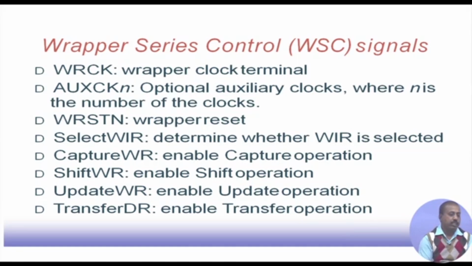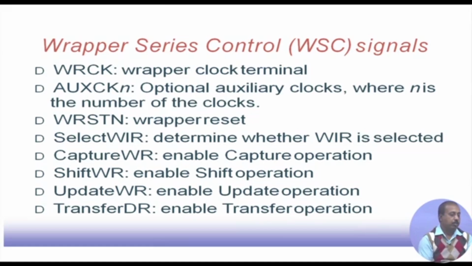Then WRSTN is the wrapper reset. Then select WIR determines whether WIR is selected or not. So, whether an instruction is for the data part or for the control part, that is the select WIR. If this is selected, then the data coming through the TDI line will go to the WIR instead of going to the WBRs.